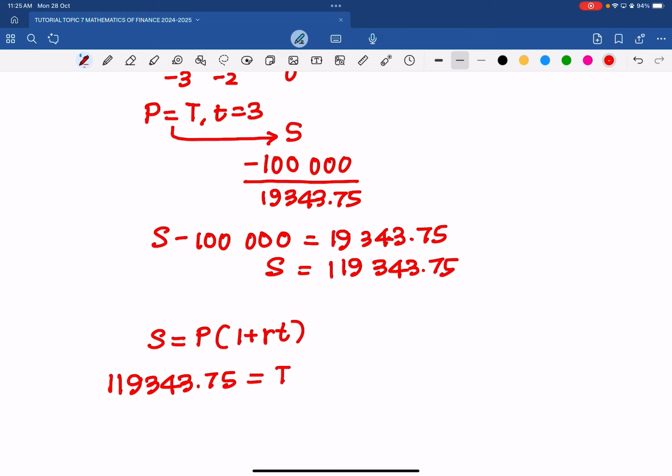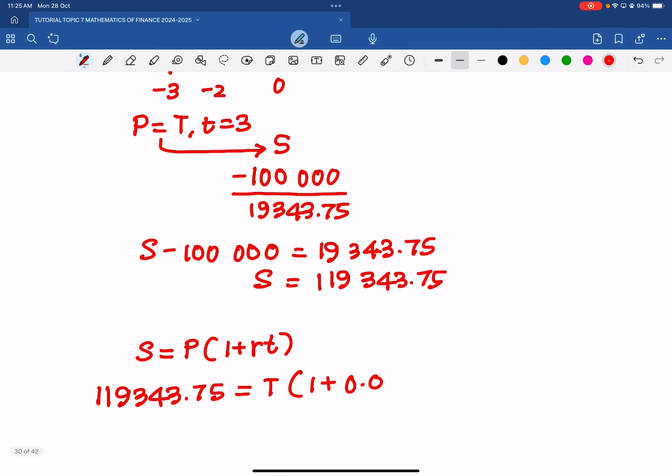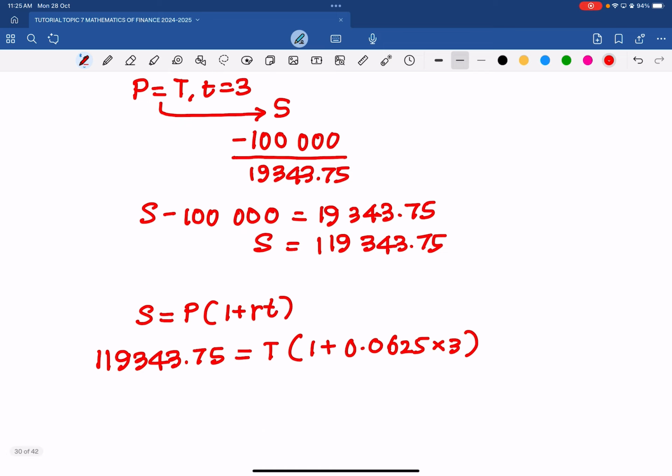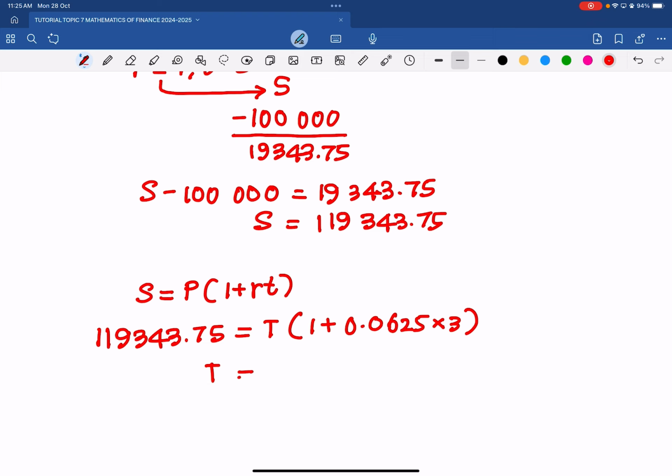P is our T. We are looking for T now. Capital letter T. 1 plus R, 0.0625, and T is 3. T equals how much?